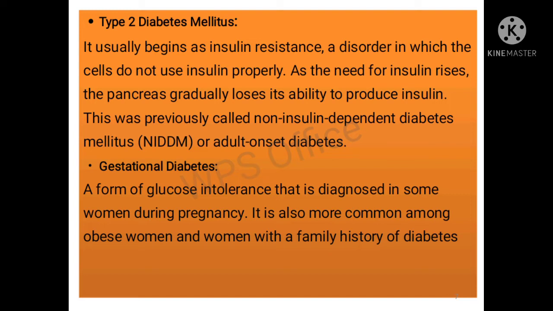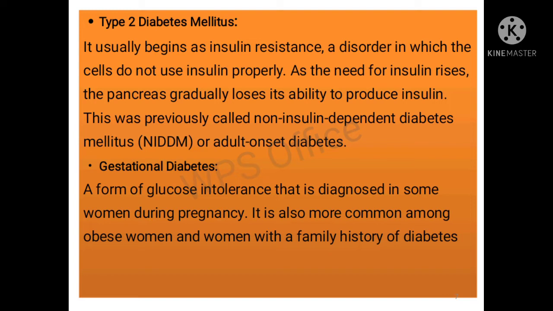As the need for insulin rises, the pancreas gradually loses its ability to produce insulin. This was previously called non-insulin dependent diabetes mellitus, or adult onset diabetes mellitus.